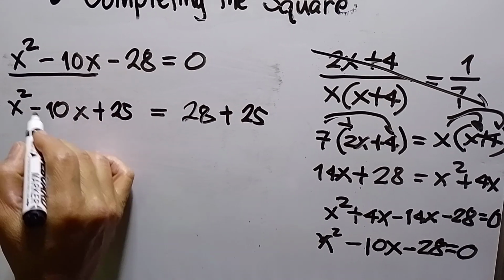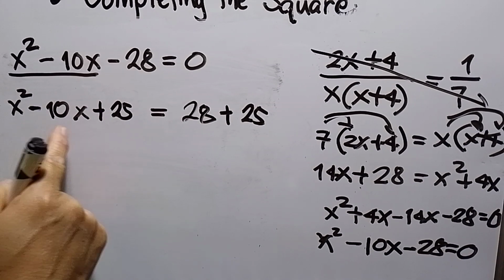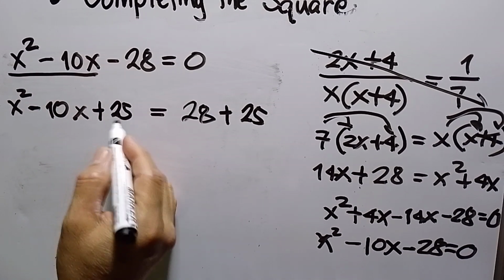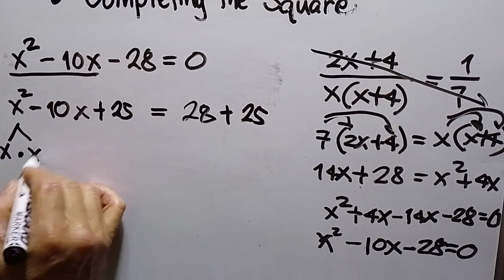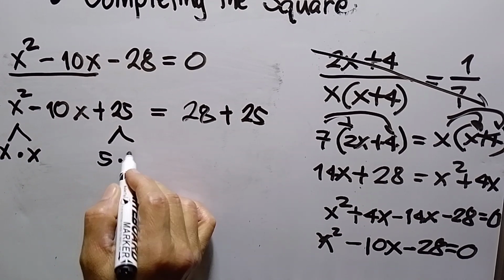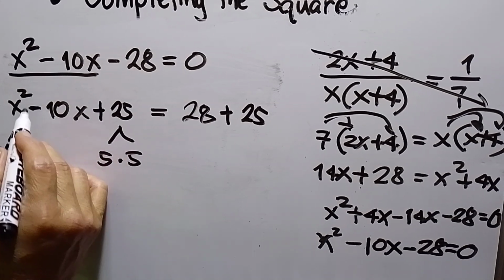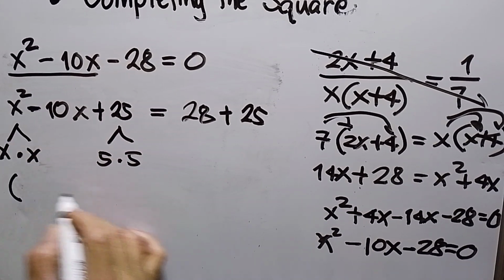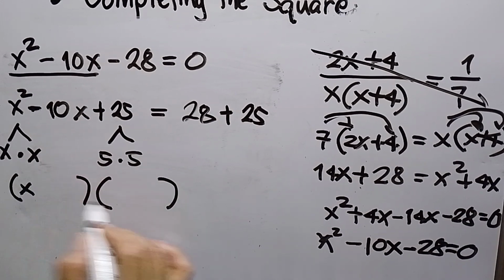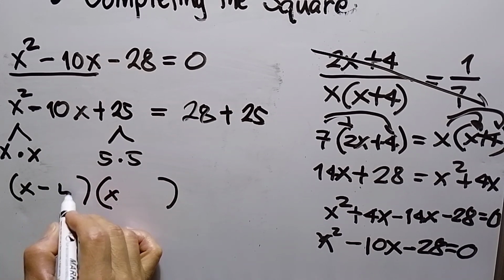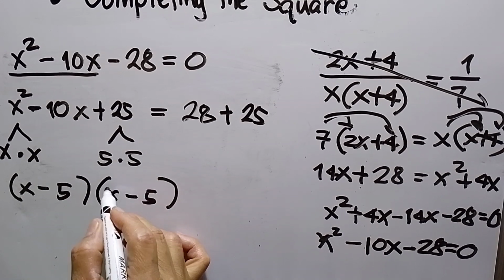So for the factors, take note, the middle term is negative, the last term is positive. So this will be x times x, and then this will be 5 times 5. So since the middle term is negative, the factors are all negative. So this will be x minus 5, x minus 5.